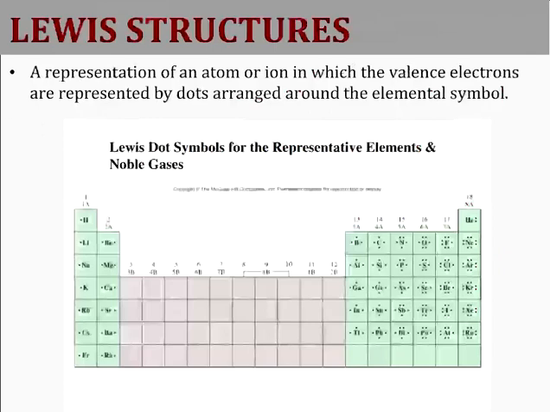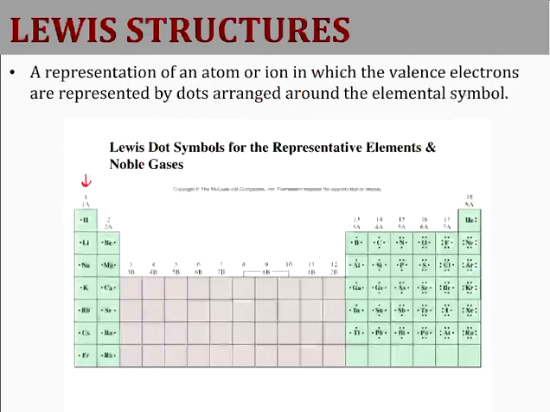Down below we have what are called Lewis dot symbols for the representative elements. In group 1A, again, every atom has only one valence electron, so we would just show that with a single dot next to the element symbol. The dots again represent electrons.